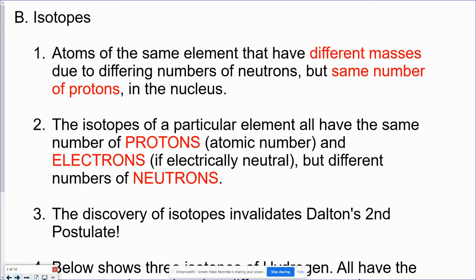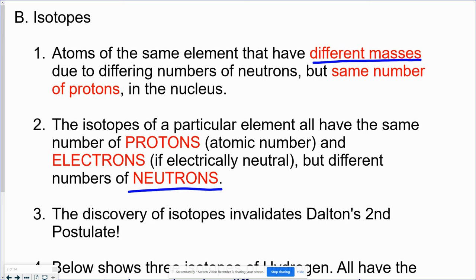For isotopes, what is an isotope? Well, an isotope is the same element, however, it has a different mass to it. So when you have a different mass, you have different neutrons, and this is where the neutron came about.